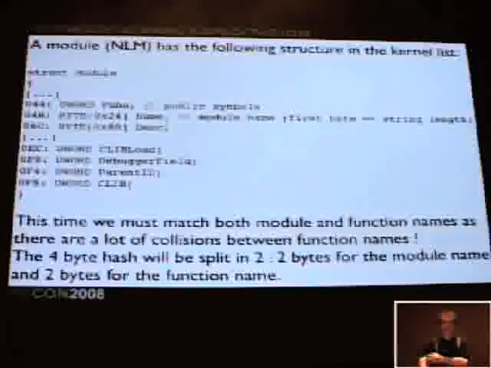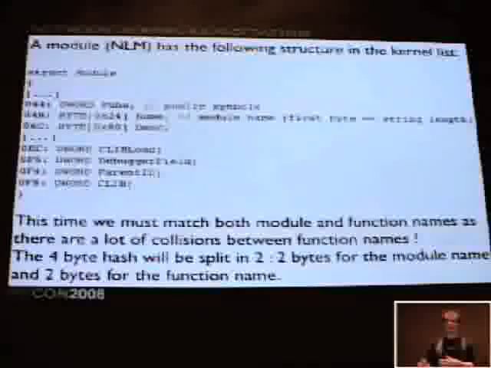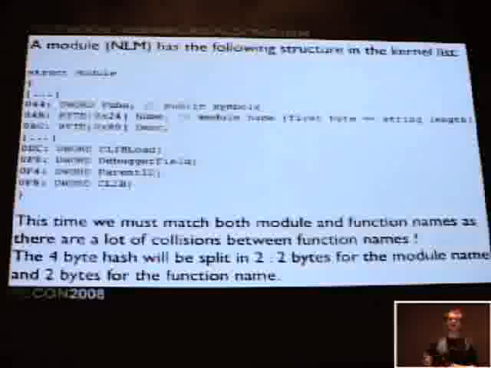So basically, it's almost the same algorithm as for the kernel symbols, except the hash is split in 2 parts, 2 bytes for the module name and 2 bytes for the function name. Same thing as with the kernel symbols: the module name and the function name are actually encrypted, so we have to use an already encrypted hash in the payload.